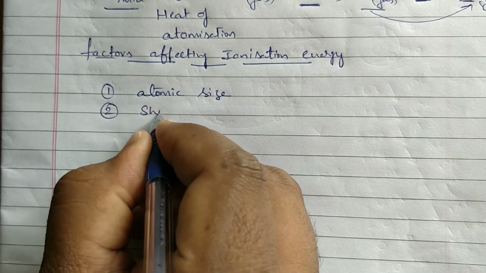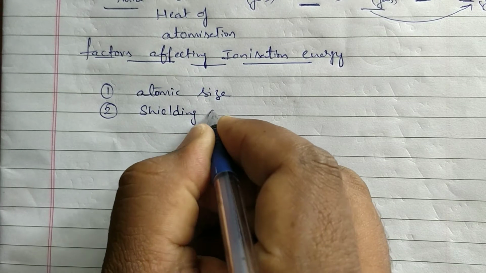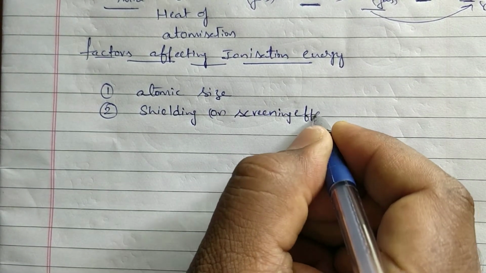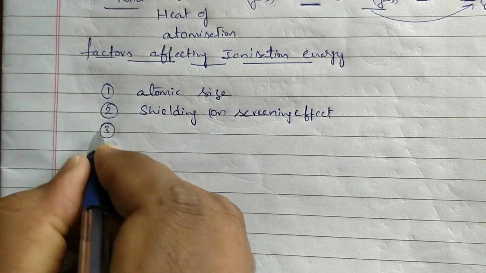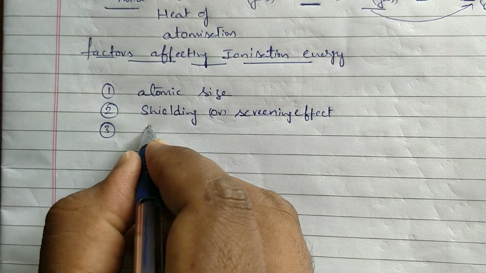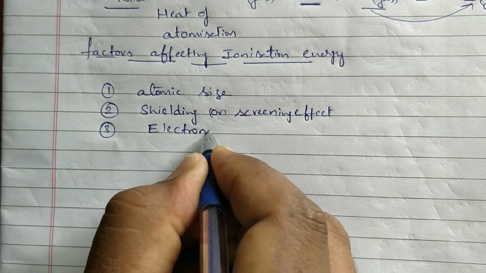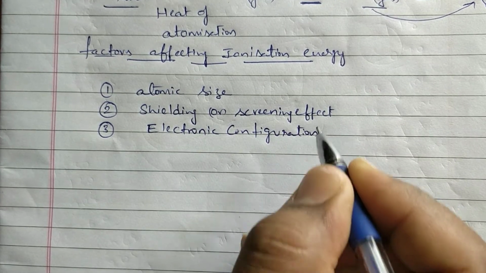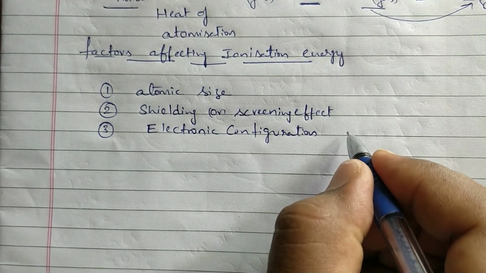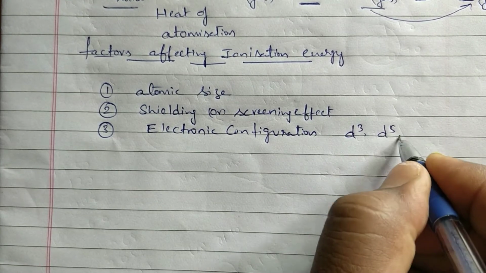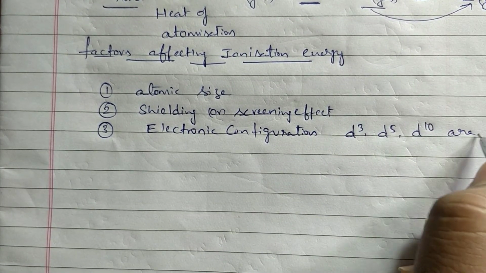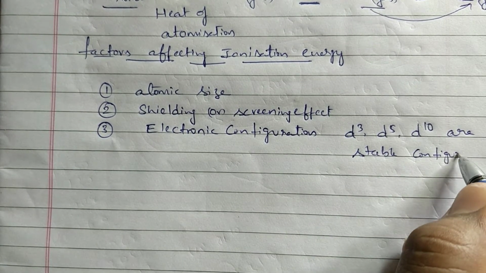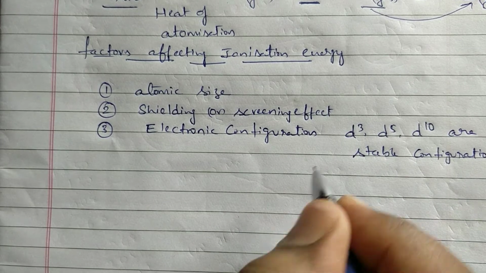Second one, shielding or screening effect. Third one, electronic configuration. Here itself I am telling that d3, d5, d10 are stable configurations under the d subshell.